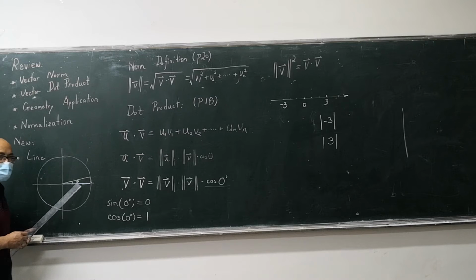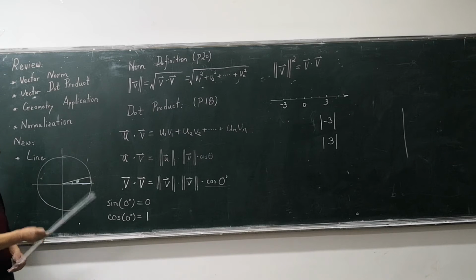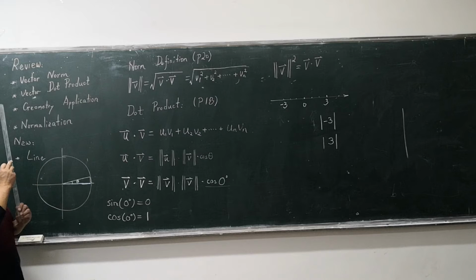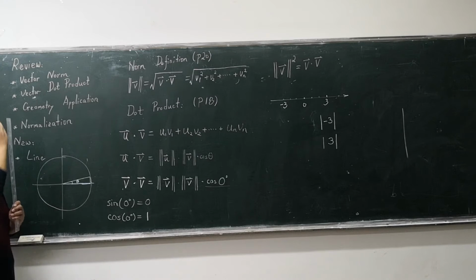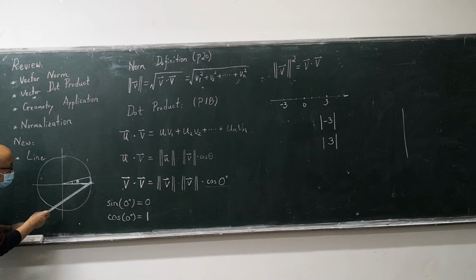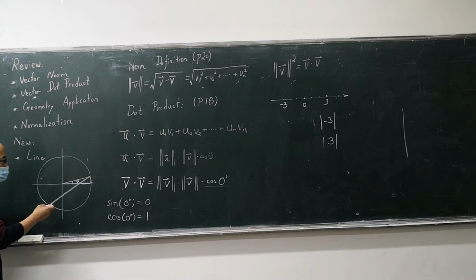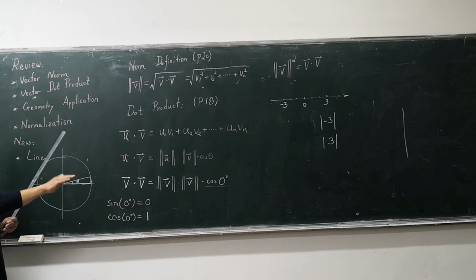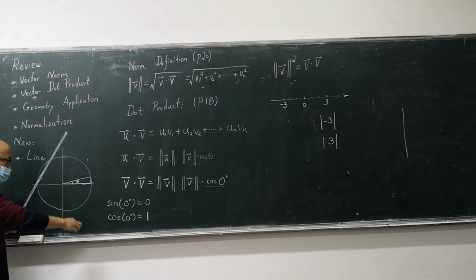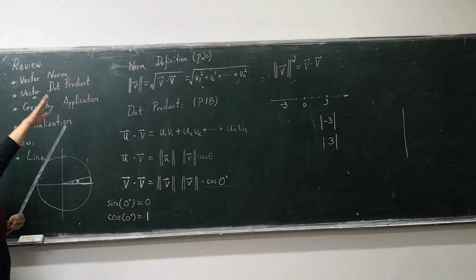If the theta becomes 90 degree, what is sine 90 degree? The movie screen, you can see the progress. The red one, the height becomes taller and taller.